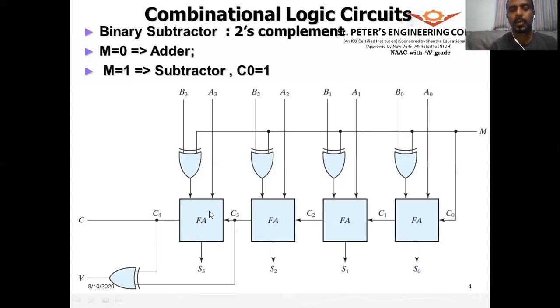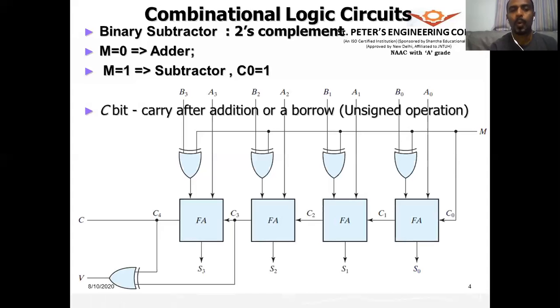Those two carries we are going to XOR to say that we are getting the sign operation. So that means if there is a carry, then the sign will occur and we call that an overflow condition.